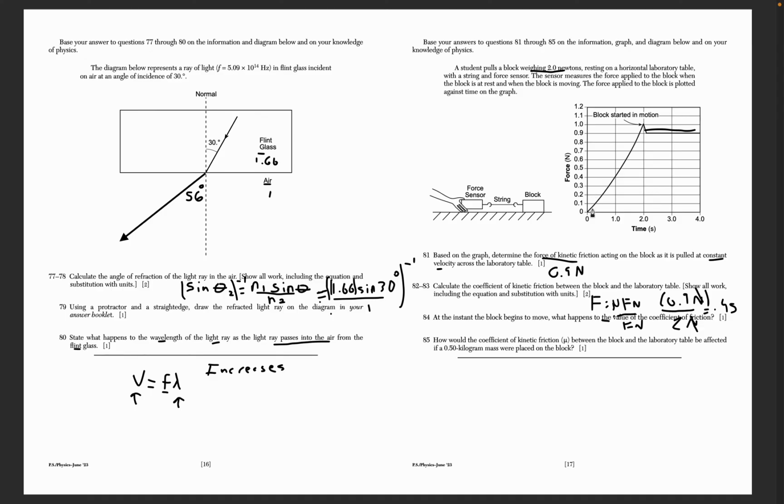It was static, and then it drops and goes kinetic. The normal force will stay the same always, and the force will decrease because it's going down here. If the frictional force decreases, the coefficient of friction must decrease. So it must decrease.